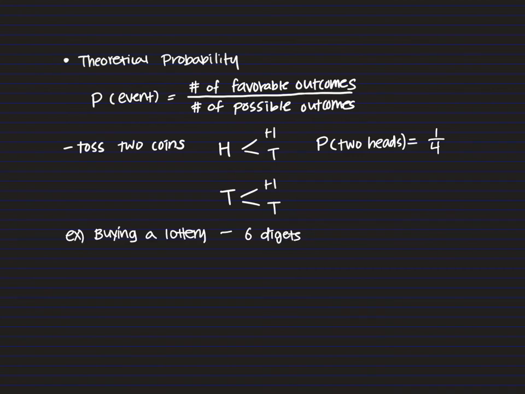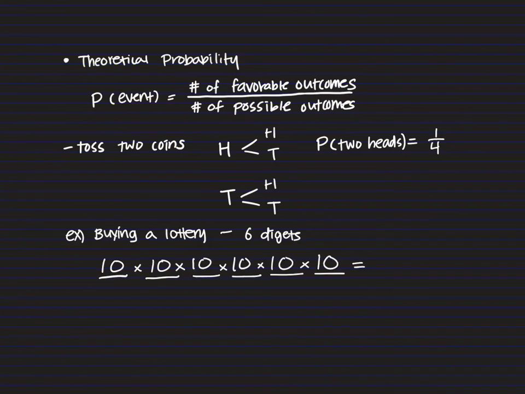So let's take a look at this hypothetical situation. Let's say you're buying a lottery and you have to guess 6 digits, 6 numbers correctly in order to get first place. So what is the probability of buying the winning ticket for this case? First, you're going to have 6 digits. So you're going to have, again, 10 options, 0 to 9, 10 different numbers that are available to plug in for each of the numbers.